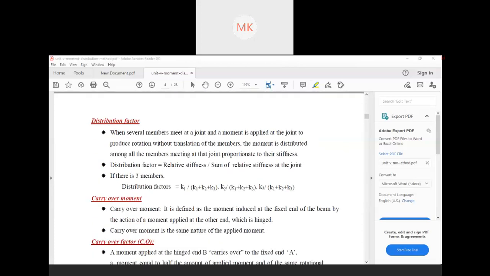After this, one more important term is the distribution factor. What is this distribution factor? When several members meet at a joint and a moment is applied at the joint to produce a rotation without translation of the members, the moment is distributed among all the members meeting at the joint proportionate to their stiffness.